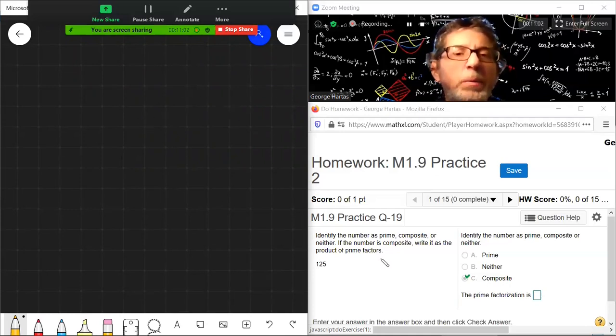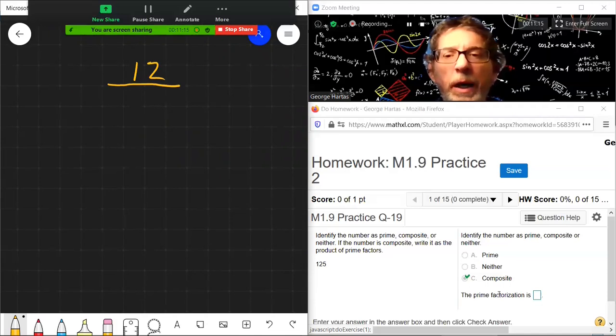Let's do a simple problem first, and we'll come back to this 125. Let's use 12 and pretend the instructions say to find the prime factorization, and you decided to use the factor tree.